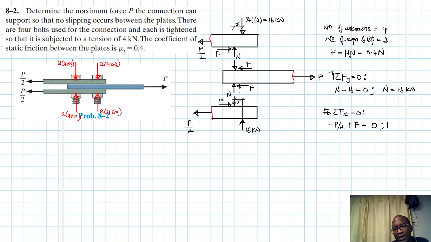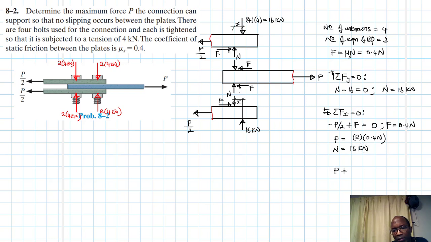But we know that our F is equal to 0.4 N. Therefore our P is just going to be equal to 2 times 0.4 N, and N is equal to 16 kilonewtons.